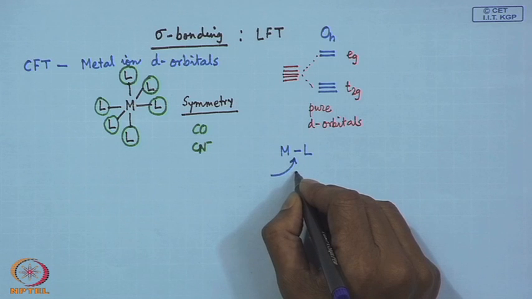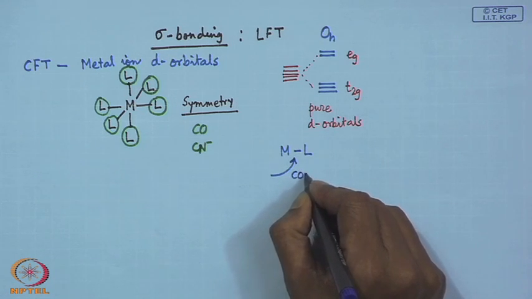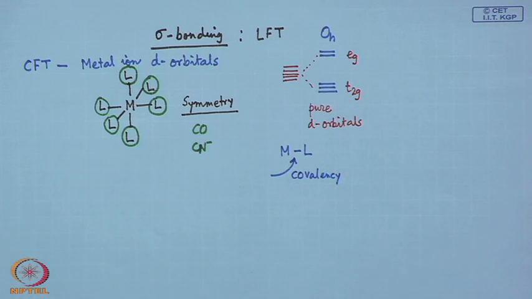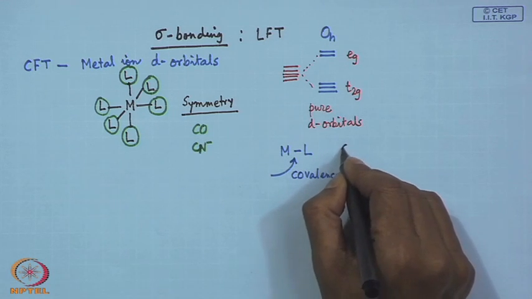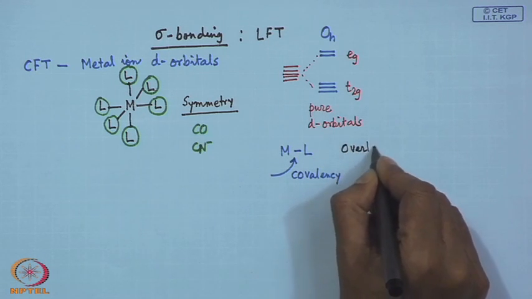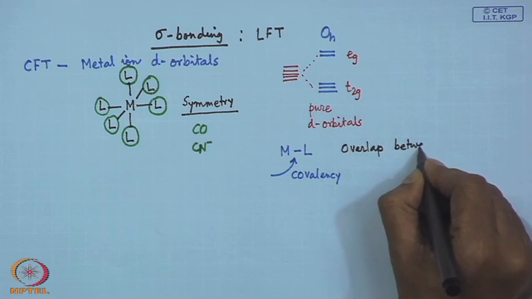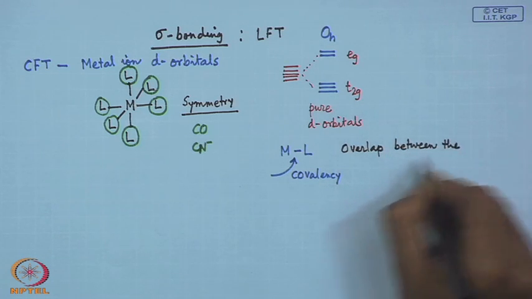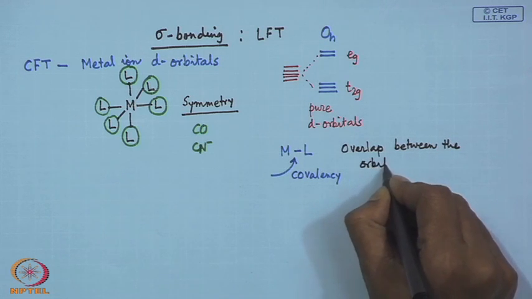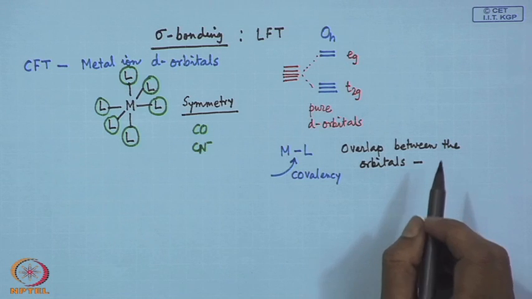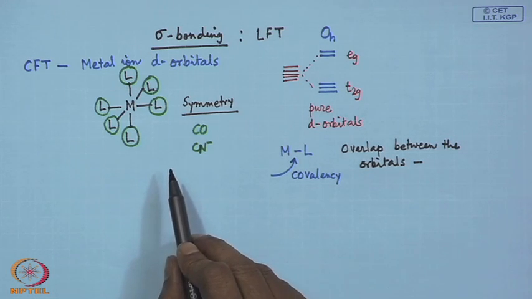So if we have some covalency in the interaction of the metal ion and the ligand, we should have some good overlap between the orbitals, that means the orbitals of the metal ion and orbitals of the ligand.